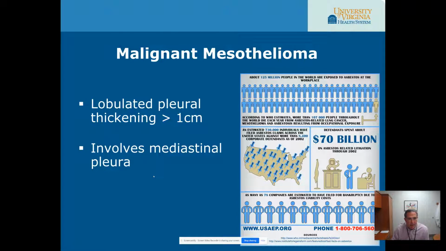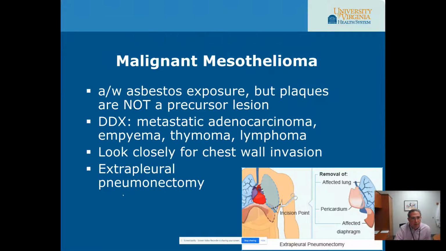Typically, the times that we suspect mesothelioma on CT is about the lobulated pleural thickening, not the calcified pleural plaques, but enhancing pleural thickening, especially when it involves the mediastinal pleura. And I'll show you an example of that in a second. Also, I've seen in a testing situation where it's asked if the plaques are a precursor lesion.